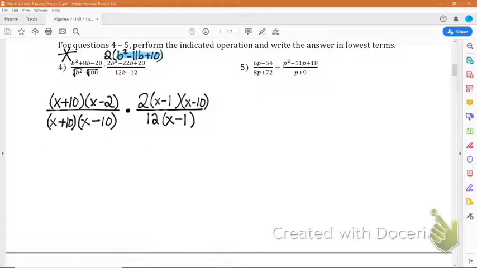Now that everything's factored, I can go through and cancel the x plus 10s, the x minus 10s, the x minus 1s. Anything else? That 2's for when we factored out the greatest common factor.